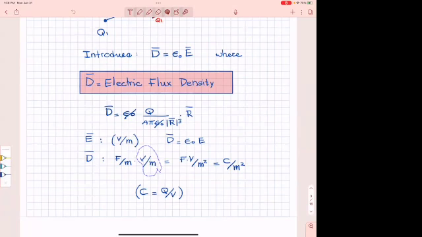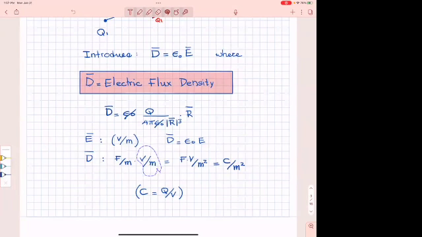Because you remember how we define the capacitance? As charge divided by voltage, Q over V equals C. Capacitance is in farads. So farads times volts gives coulombs.